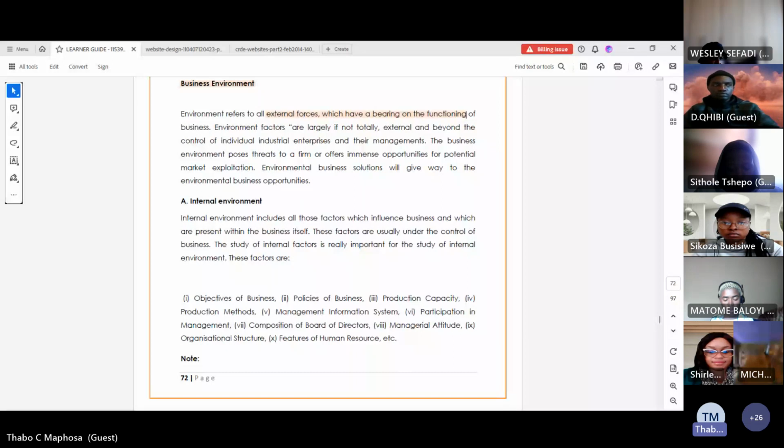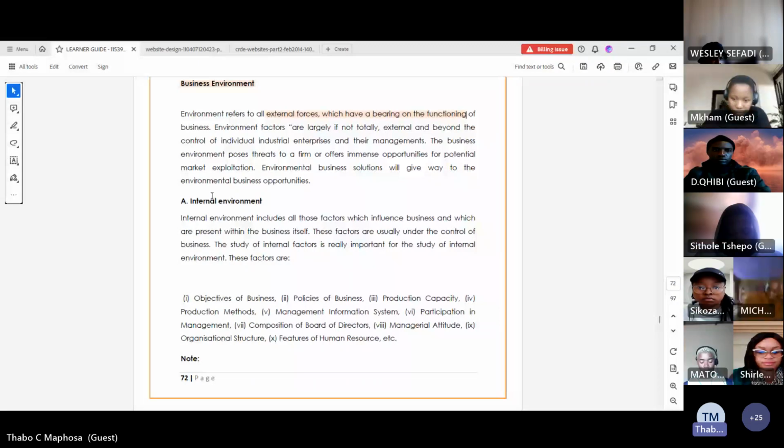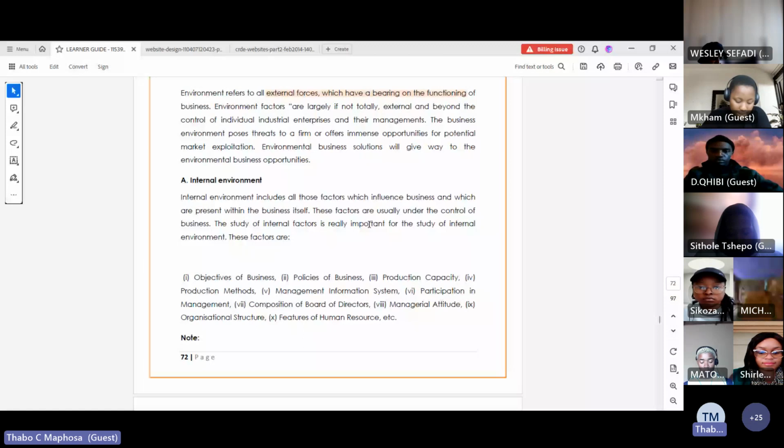So now, there are two aspects to deal with, especially when it comes to the environment. We've got what they call an internal environment and what we call an external environment. The internal environment includes all factors which influence the business, which are present within the business itself.